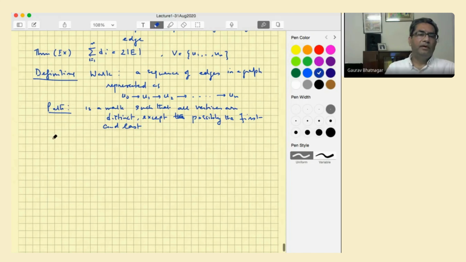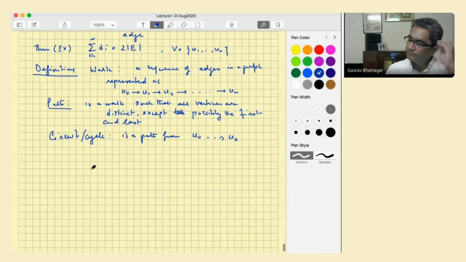So a circuit or a cycle in a graph is a path from u0 to u0. Again a definition, this is the third: first, second, third, and then there is connected.